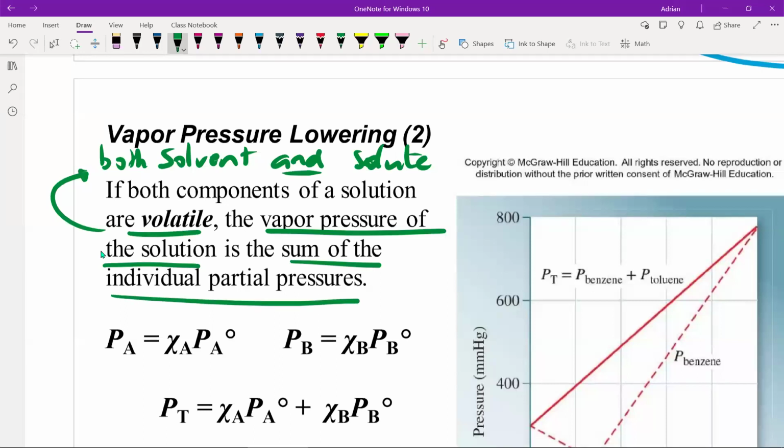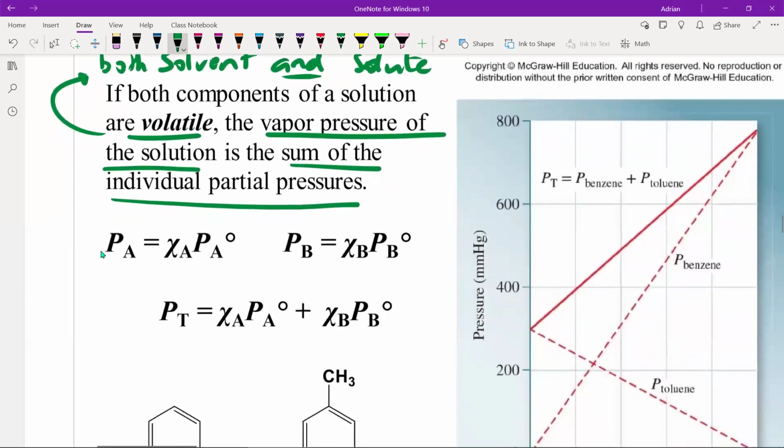That is something we talked about before in the gases chapter. Now we're looking at it in solutions where both components are volatile.